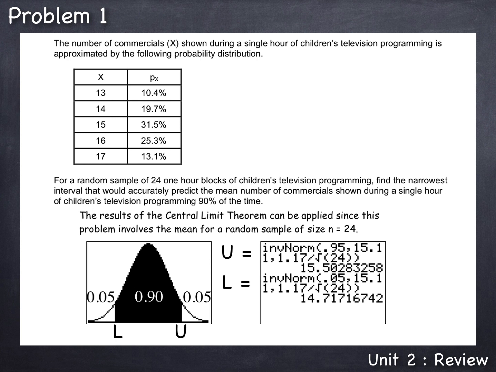To do this, we enter the probability distribution into lists by pressing Stat and Enter to enter the list editor. Make sure to clear out any old data. We enter the X values into the first list and then the probabilities of those x values into a second list.